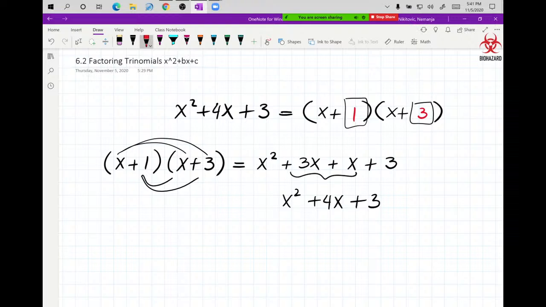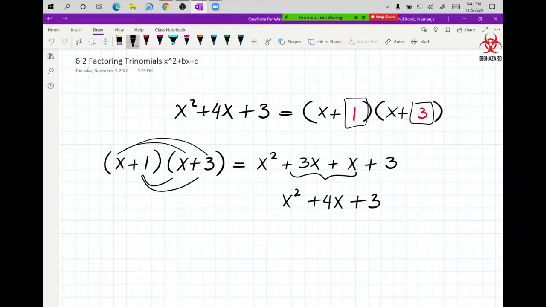So what we are doing now in chapter 6 is chapter 5 backwards. You used to multiply in chapter 5, monomials, binomials, whatever you were multiplying. Now, your job is to break those apart into factors. The reason we're doing this is so we can solve equations.